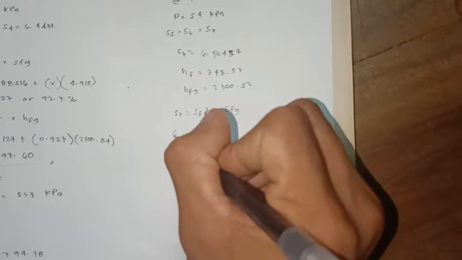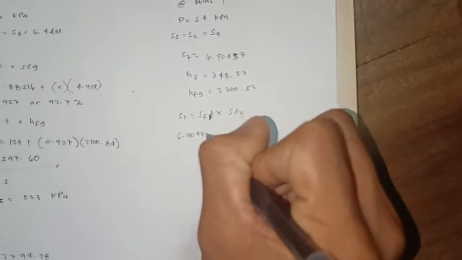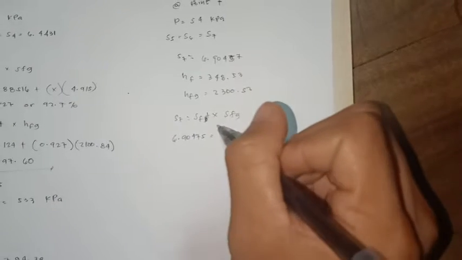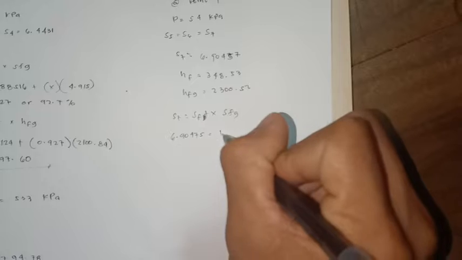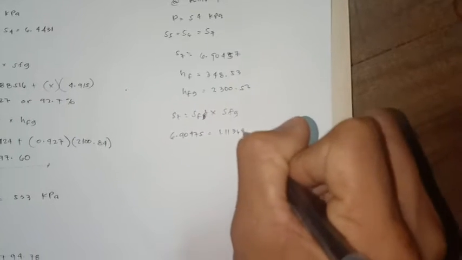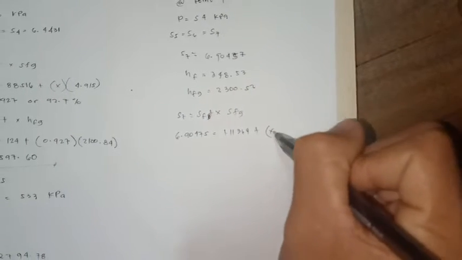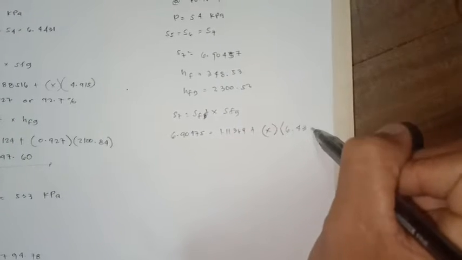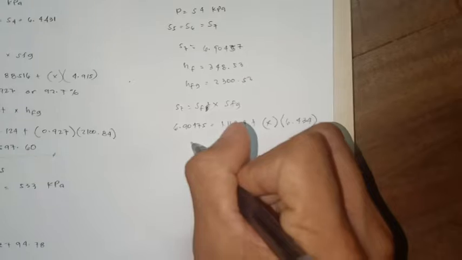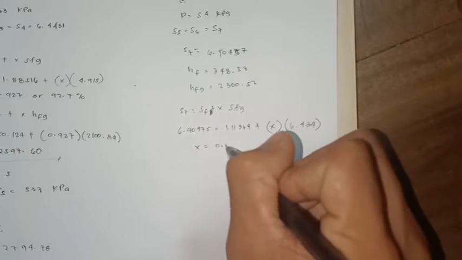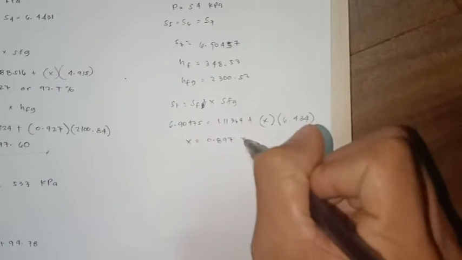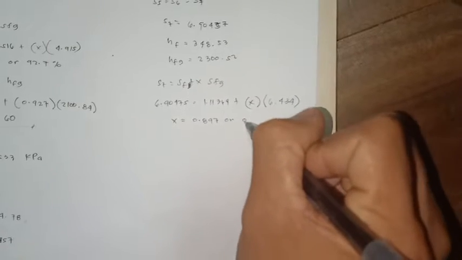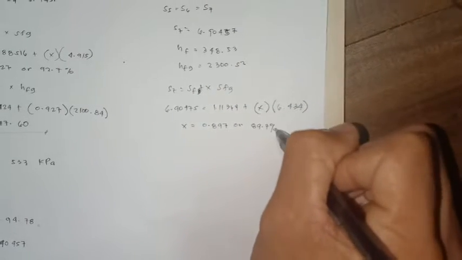S7 is 6.90457, equal to SF, which is 1.11364, plus the unknown value times the SFG, which is 6.434. So X is equal to 0.897, or 89.7%.